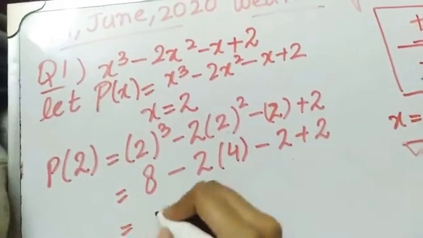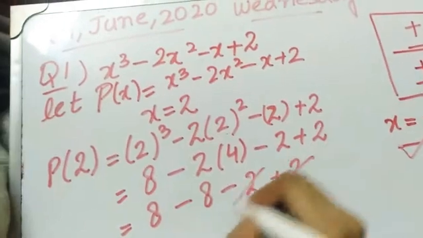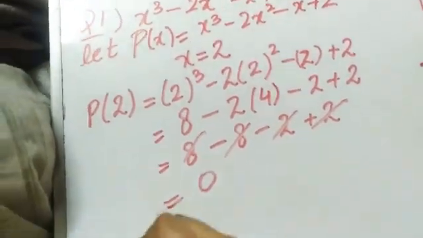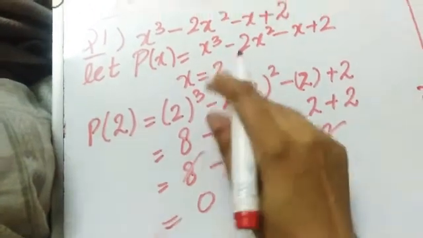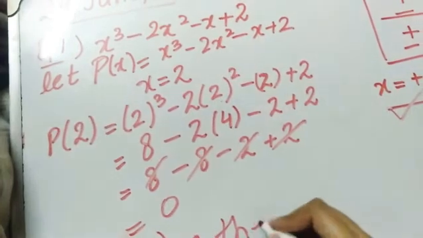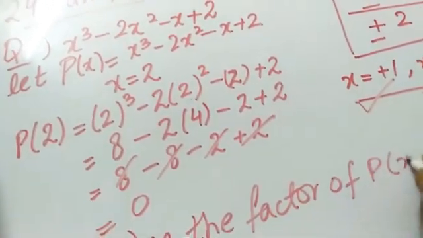So 8 minus 8 minus 2 plus 2 will cancel out and it equals 0. So we will say that x here was plus 2, so x minus 2 is the factor of p of x.